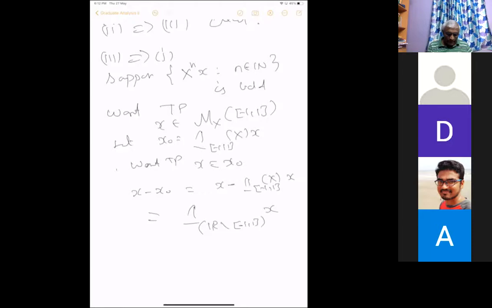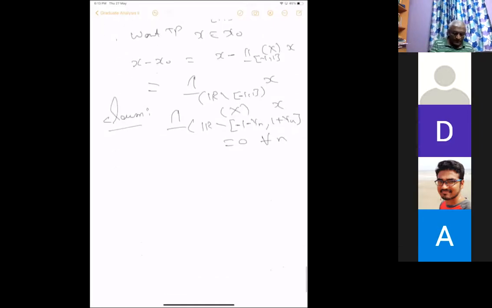So now I make the following claim. Claim is, 1 on R minus this interval, increased slightly by adding 1 minus 1 by n on the left side and 1 plus 1 by n on the right side, applied to x is equal to 0 for all n.